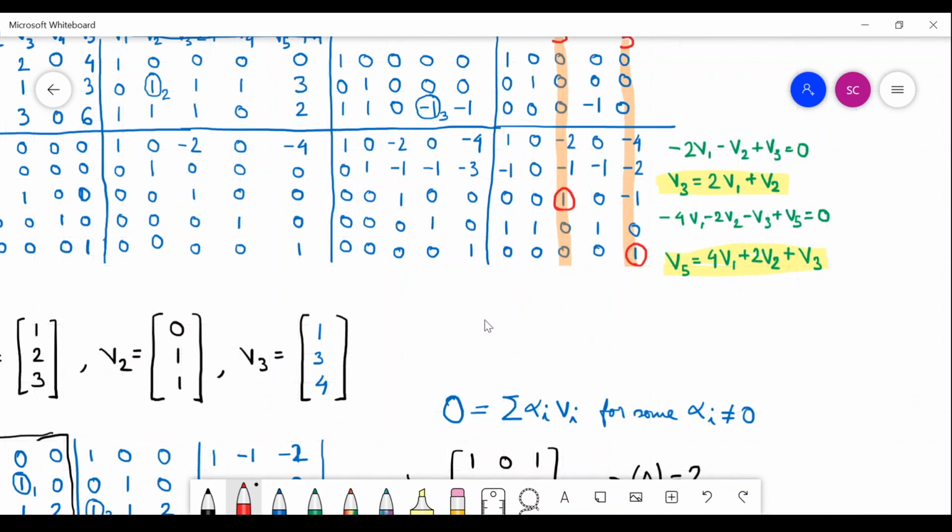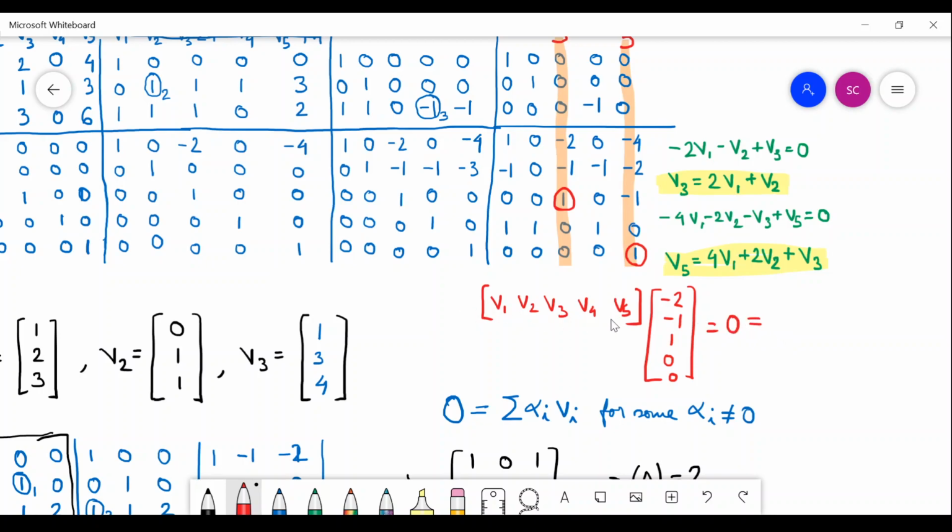That means you have v1, v2, v3, v4, v5 multiplied by -2, -1, 1, 0, 0 yielding 0.